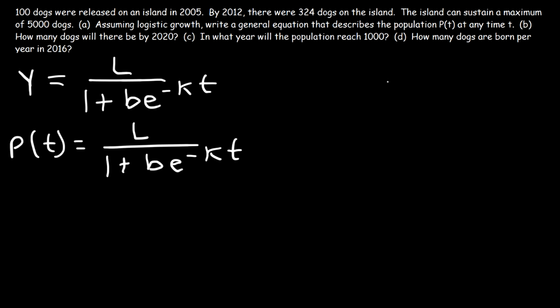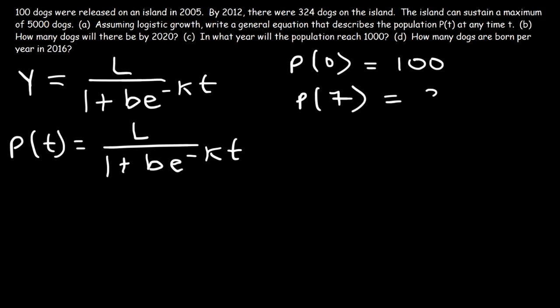Now, in 2005, t is equal to 0. That's when everything started. So we could say that P of 0 is 100. At t equals 0 in 2005, there were 100 dogs. By 2012, which is 7 years later, so t is 7, that means P of 7 is 324.